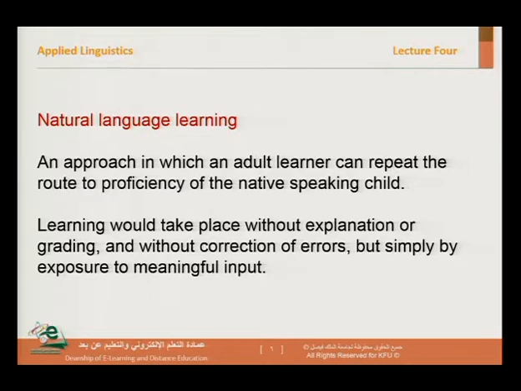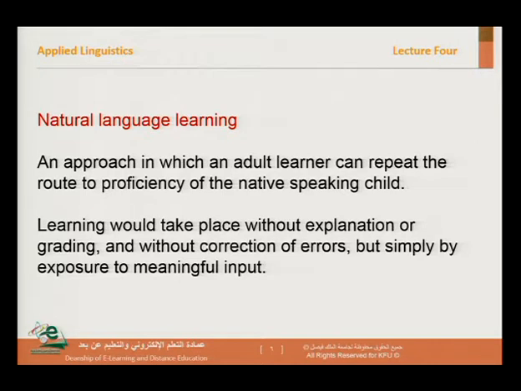It is an approach in which an adult learner can repeat the route to proficiency of the native speaking child. So learning a language, according to them, is simulating the way the child of that language has learned it.